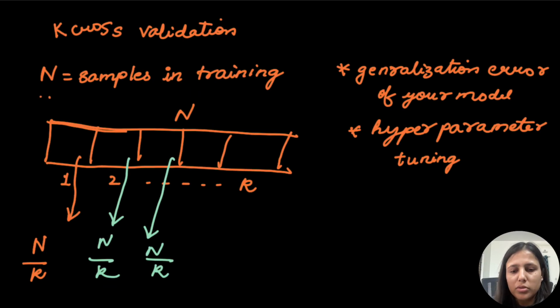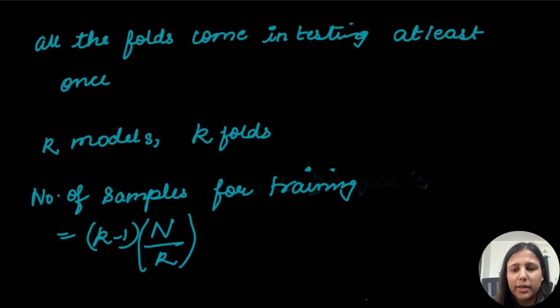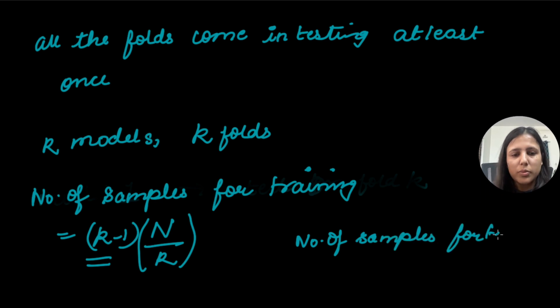So when we are using k-1 folds, the number of samples for training is (k-1) times n by k. The number of samples for testing is equal to one fold, and one fold has n by k samples in it.